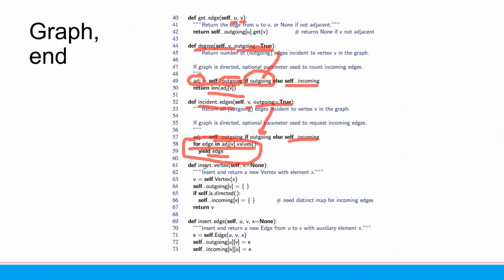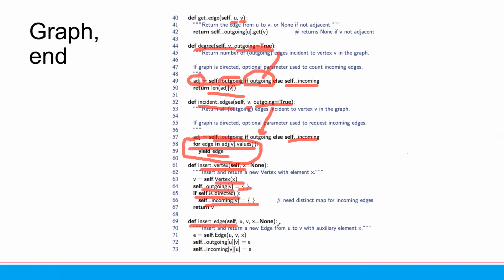And then we have the insert vertex. For the insert vertex, we will insert the vertex into a new object V vertex, and then define the outgoing of V as empty. And then let's check if it is true for the directed or not. If it is true for the directed, then let's make the incoming as empty.